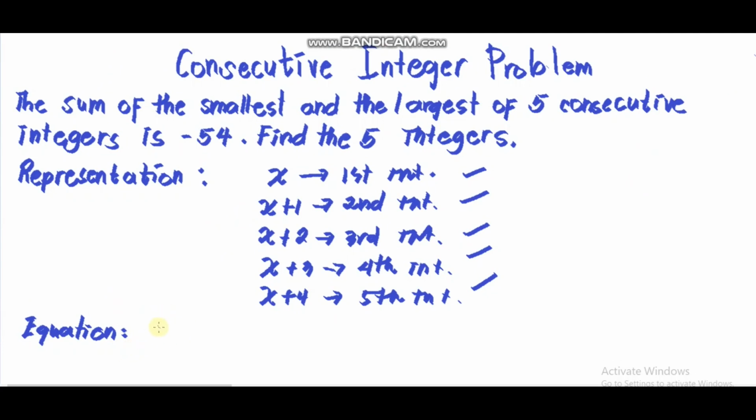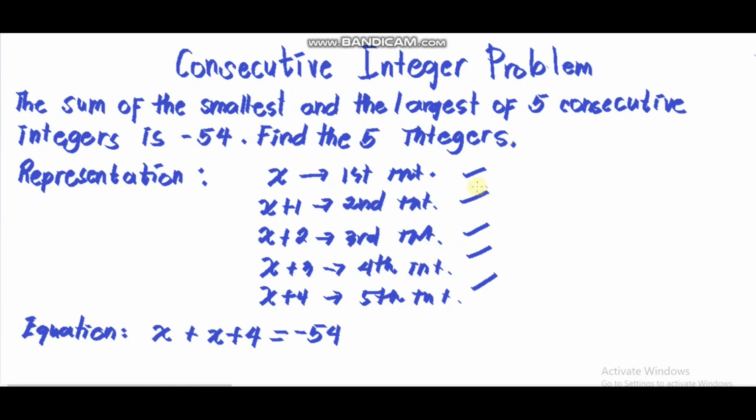Our smallest is x, and our largest is x plus 4. So you have the sum of x and x plus 4 is negative 54. So in mathematics, you have "is" equals the equal sign. When you convert that to a mathematical expression, that is the equals sign.